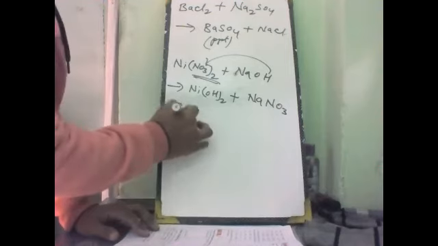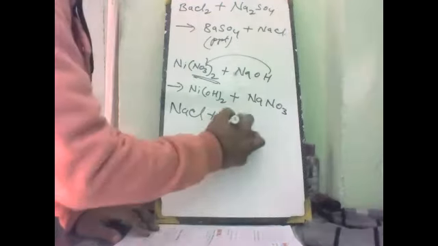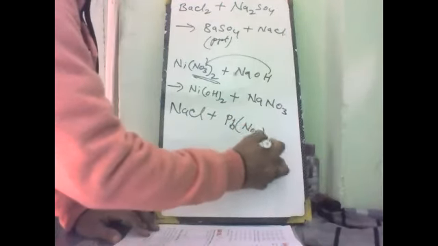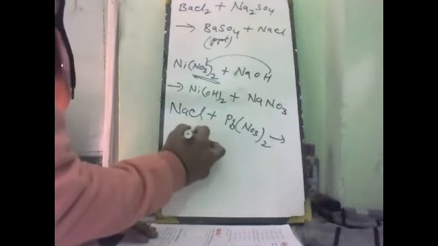The next example is sodium chloride reacting with lead nitrate. Now it changes into sodium nitrate and lead chloride.